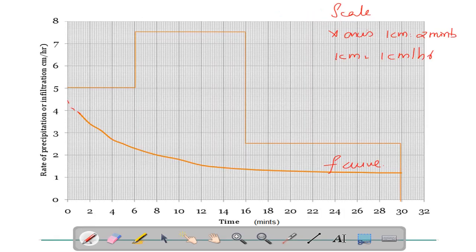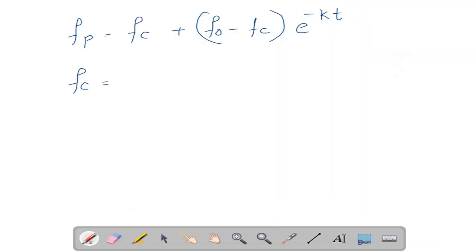So this becomes horizontal after a particular time. So here this value represents Fc, and from this figure Fc is equal to 1.2 centimeter per hour.